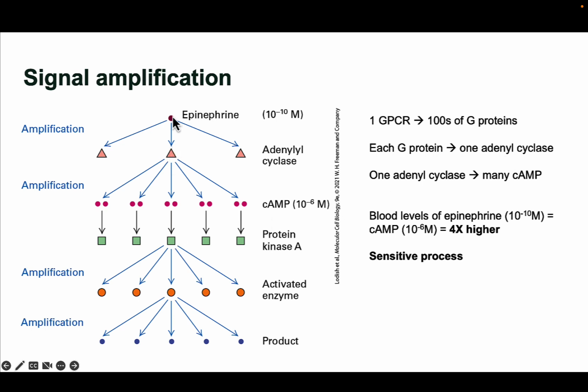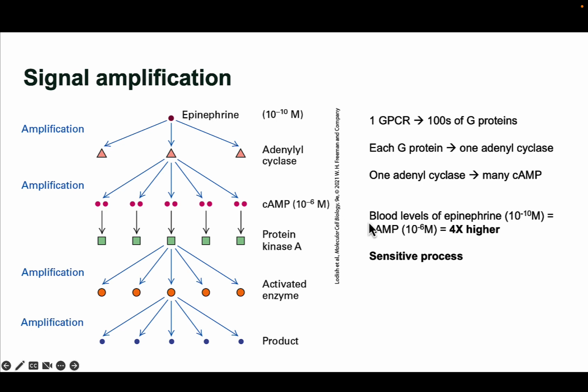So here we have a lot of G proteins, but each G protein activates only one adenyl cyclase. But then each adenyl cyclase makes many cyclic AMPs. So cyclic AMP production represents a signal amplification. We're turning up the volume on this stereo, so that we can really produce a strong response.